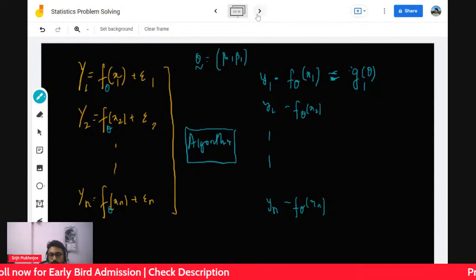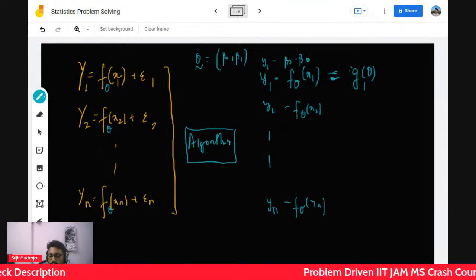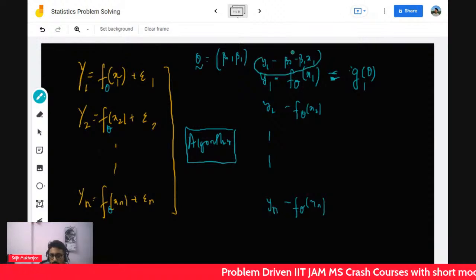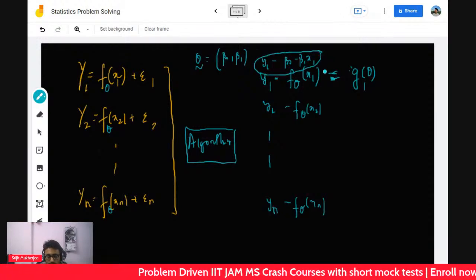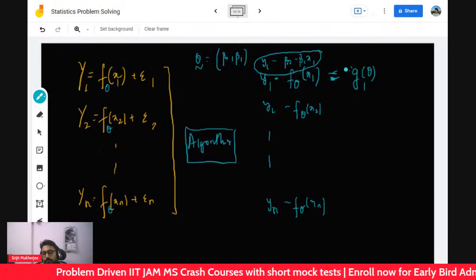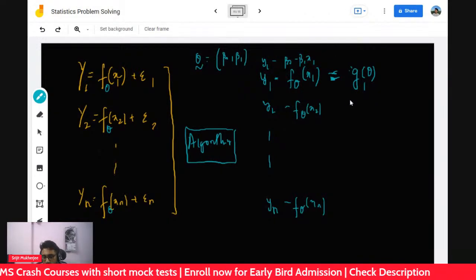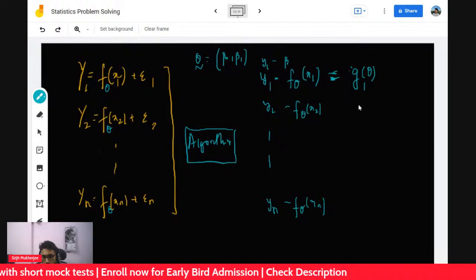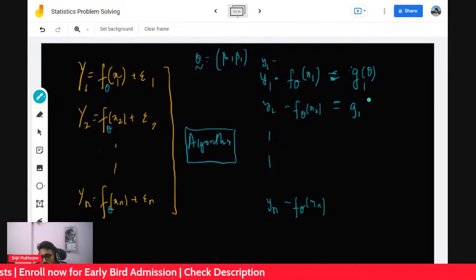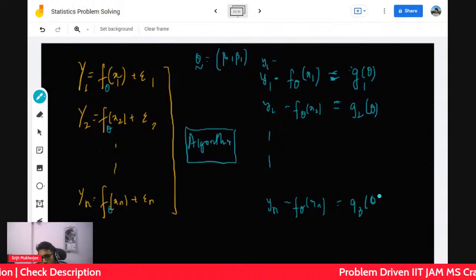For example, in that case it's y1 minus beta naught minus beta 1 x1. This is a function of beta naught and beta 1, while y1 and x1 are known. Similarly, you will get g2 theta, g3 theta.